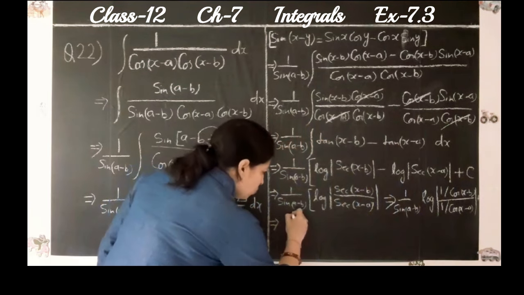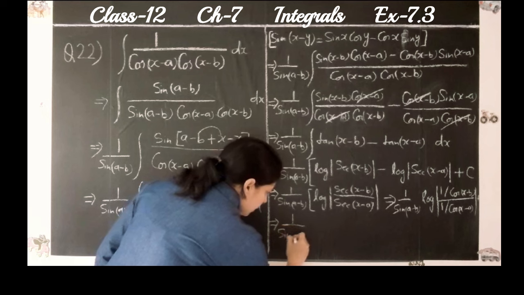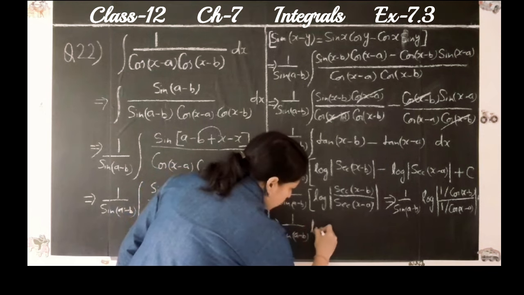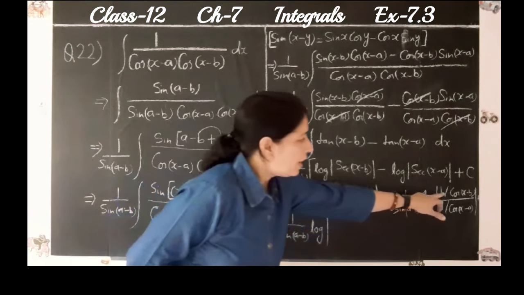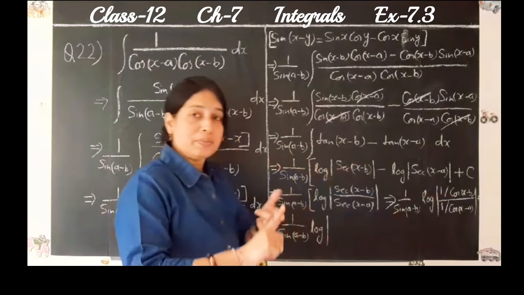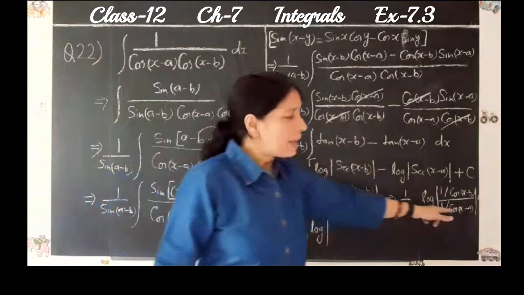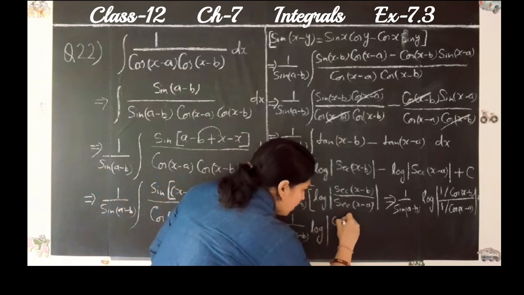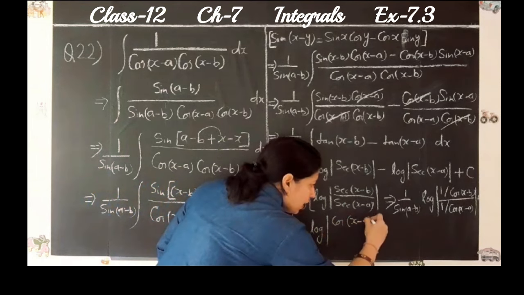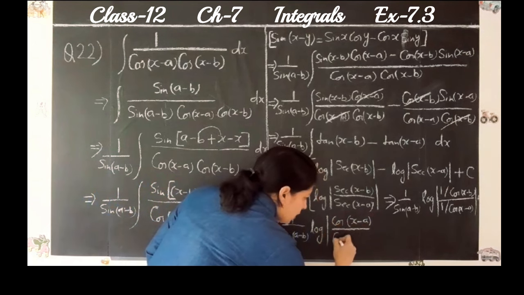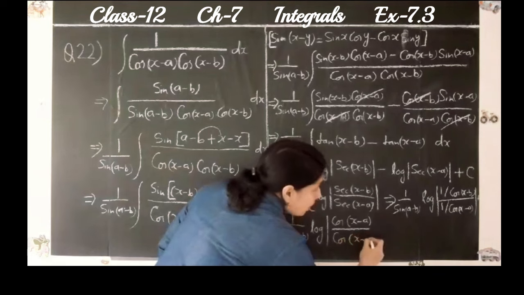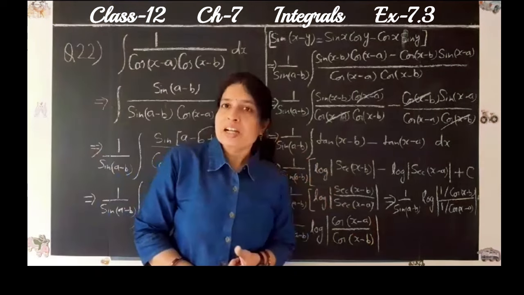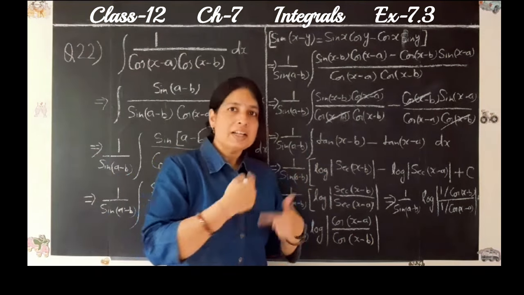So finally we can write 1 by sin(a minus b) log mod, here it is 1 by cos(x minus b) divided by 1 by cos(x minus a), division of two fractions. फ्रैक्शन के डिवीजन में क्या होता है, सेकेंड फ्रैक्शन के रेसिप्रोकल से क्या करते हैं, मल्टीप्लाई करते हैं.